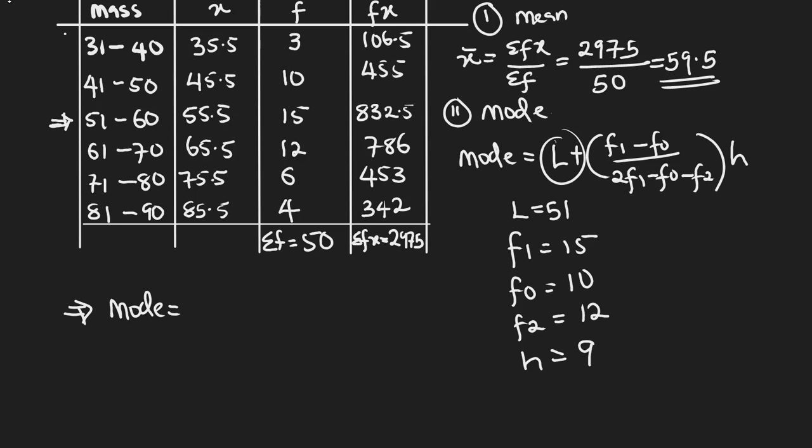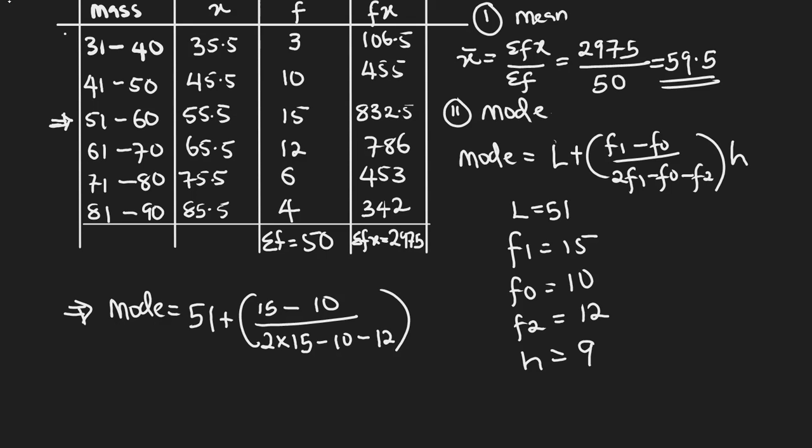Our L from the formula is 51 plus (F1, which is 15, minus F0, which is 10) over (2 times F1, which is 15, minus F0, which is 10, minus F2, which is 12), then close the bracket, times H, which is 9.